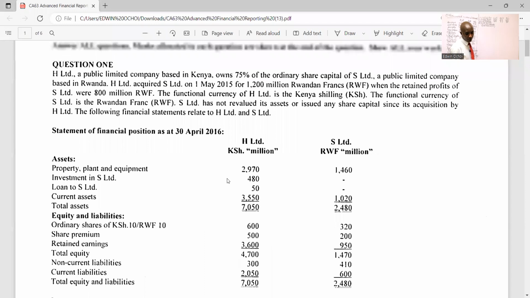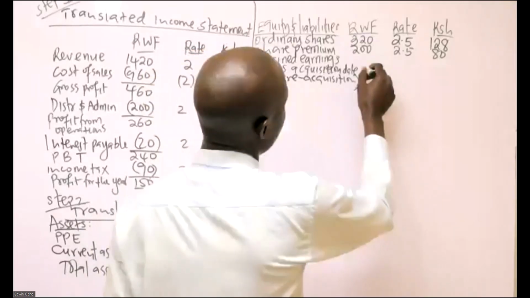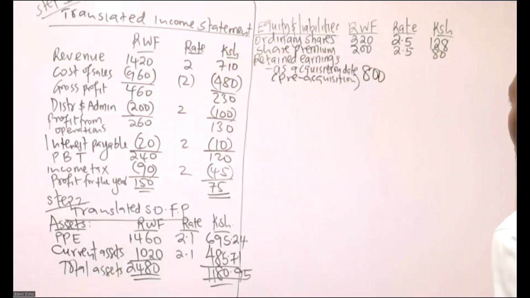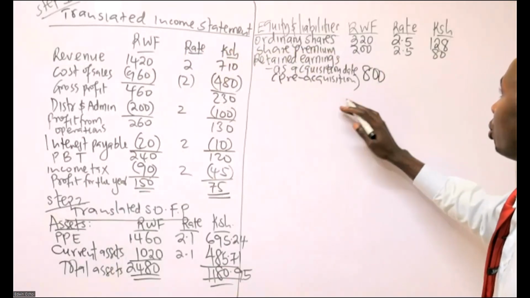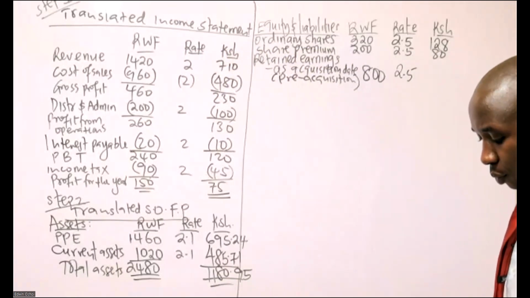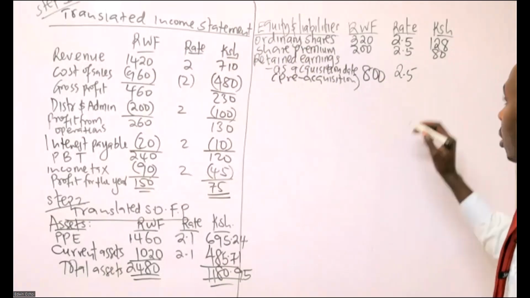As at the start up there, they say H acquired S on 1st May 2015 for 1,200 when the retained earnings were 800. So this one, 800, the rate you use is the one which is historical, 2.5. So 800 divided by 2.5, that is 320.